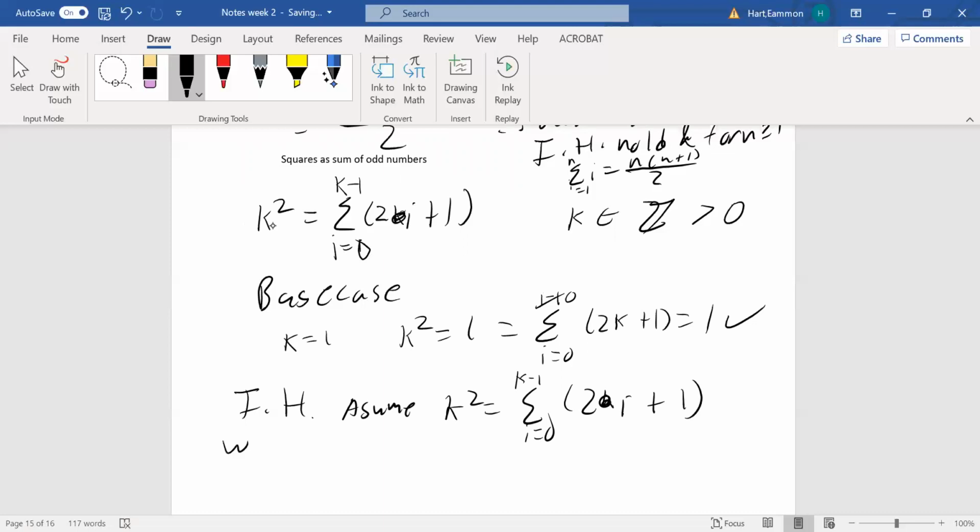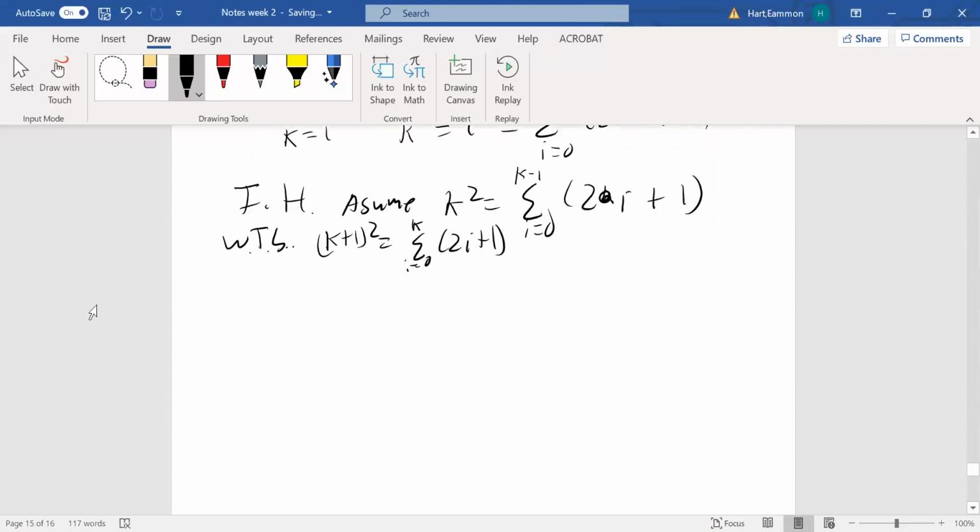And we wish to show that k plus 1 squared is equal to the sum from i equals 0 up to k of 2i plus 1. Now, how are we going to do this? Well, we're going to look at this guy and distribute. k plus 1 squared is equal to k squared plus 2k plus 1.